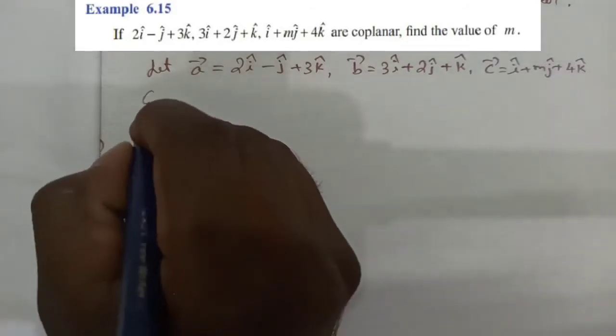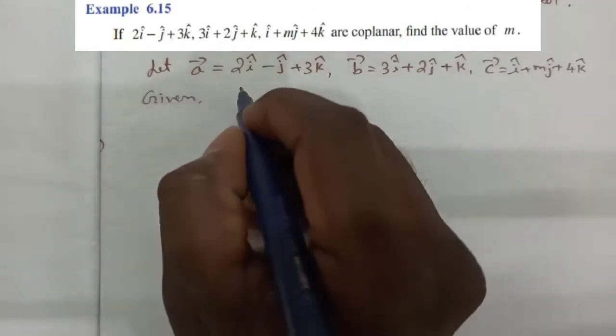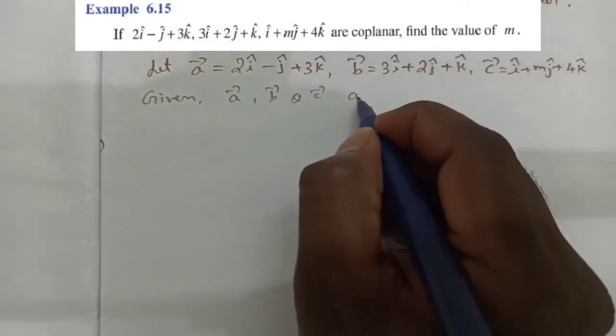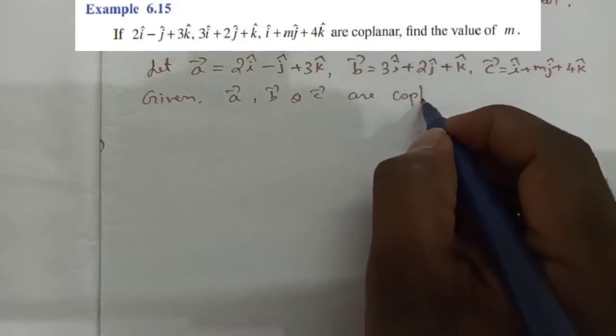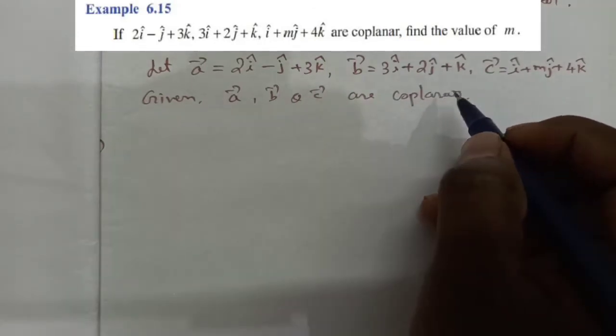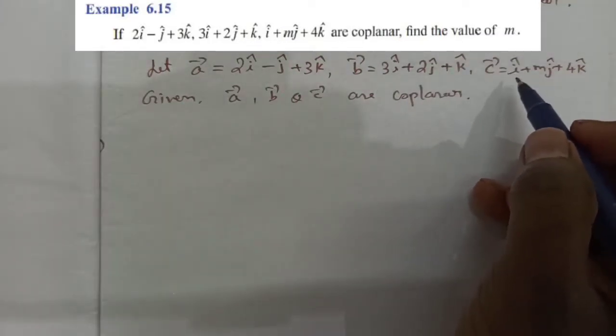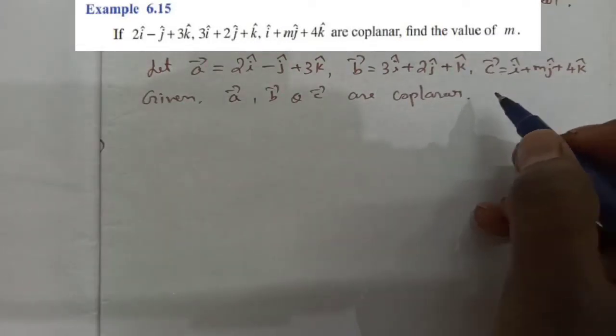Given that a vector, b vector and c vector are coplanar. The statement is already given that the three vectors are coplanar. Here we have to find the value of m.